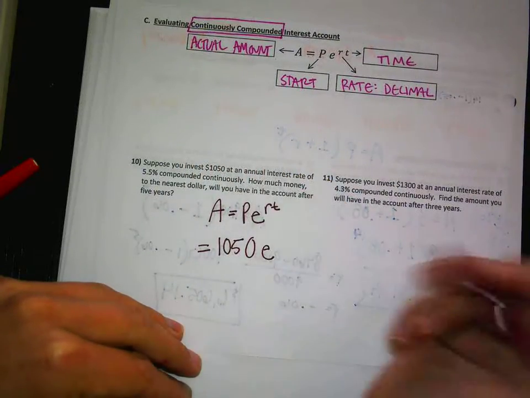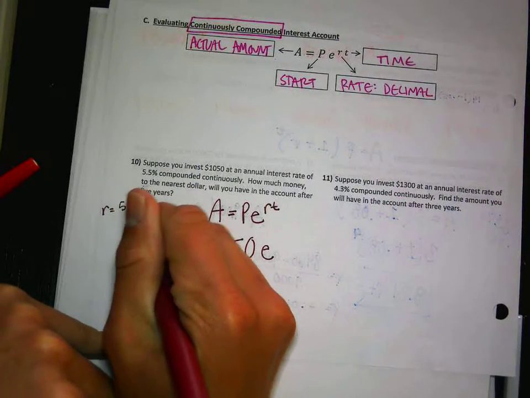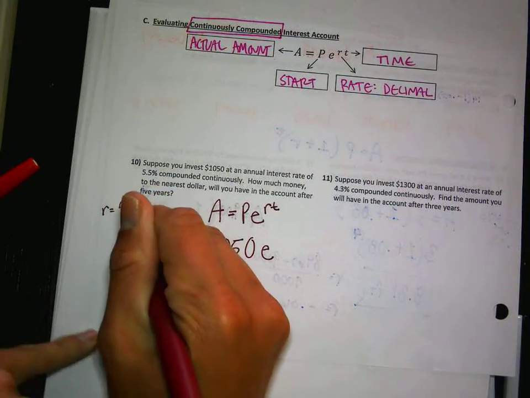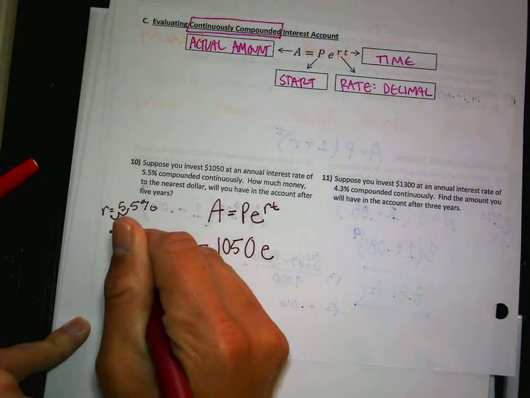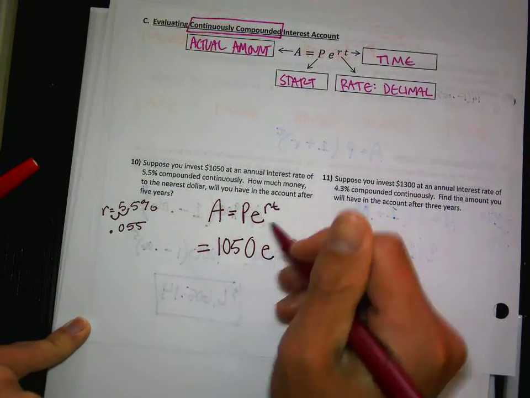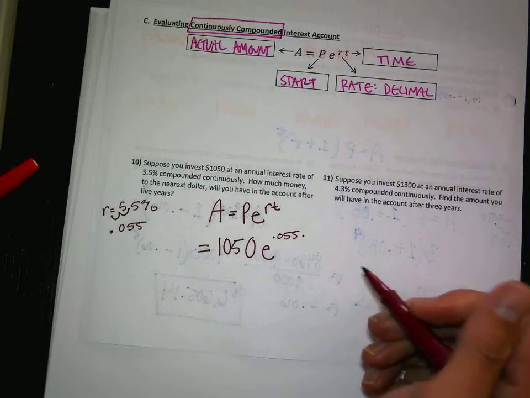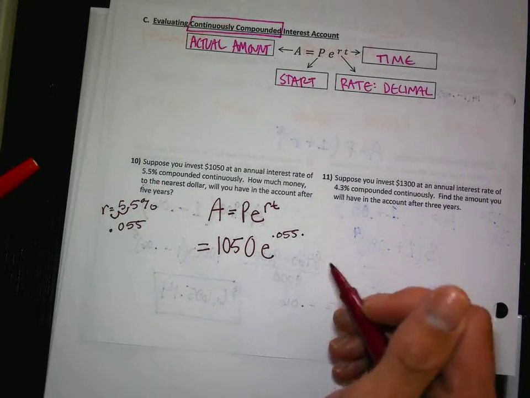And then I have E. For the rate, what is the rate? 5.5%. And so when I turn this into a decimal, it's going to be 0.055. So 0.055 for my rate times the time, which is 5 years.